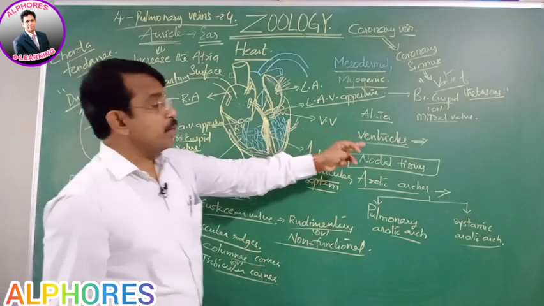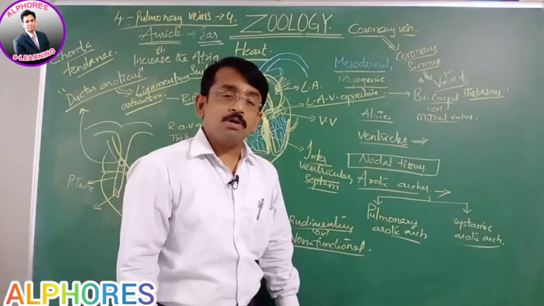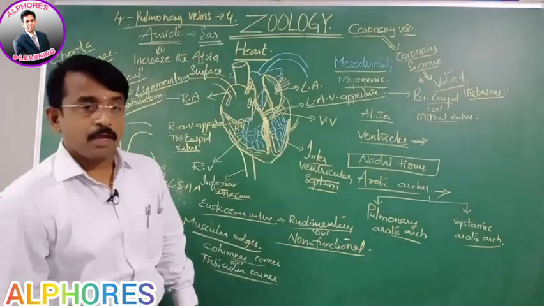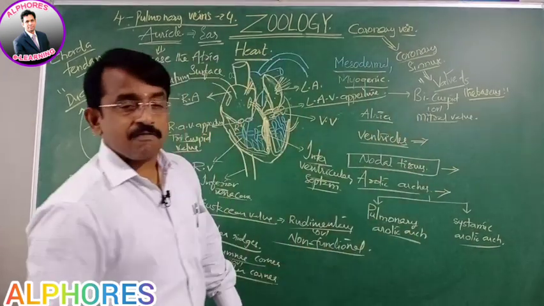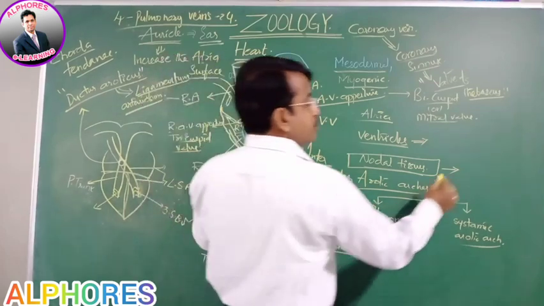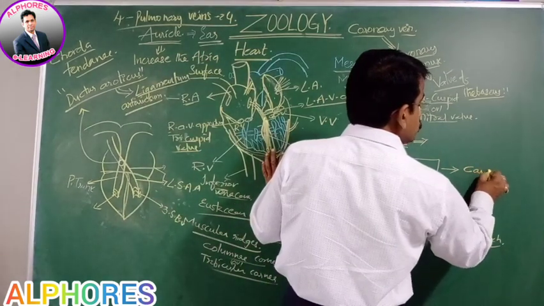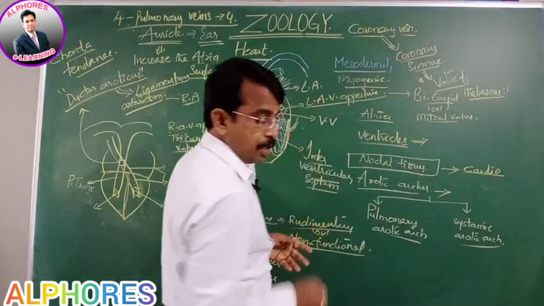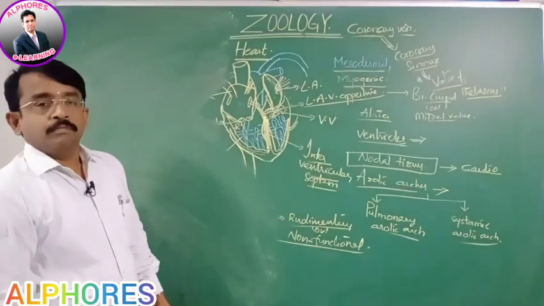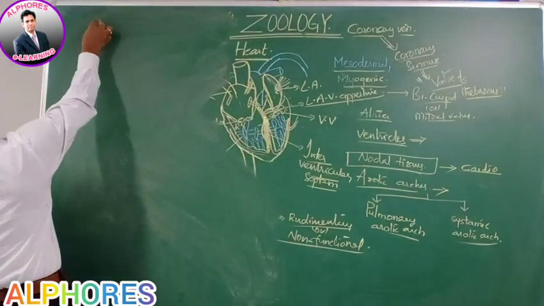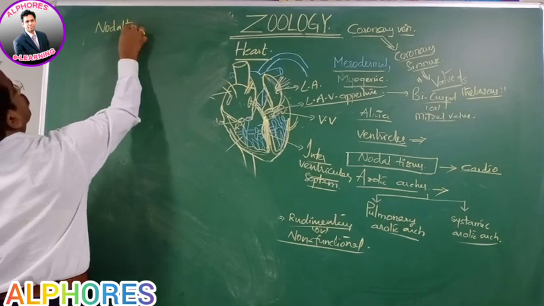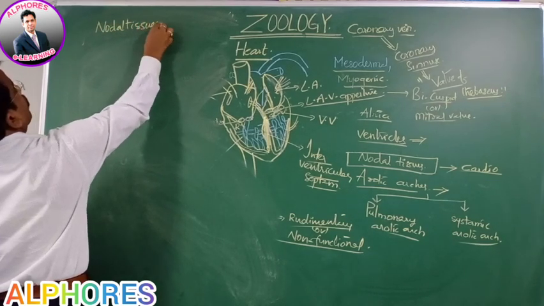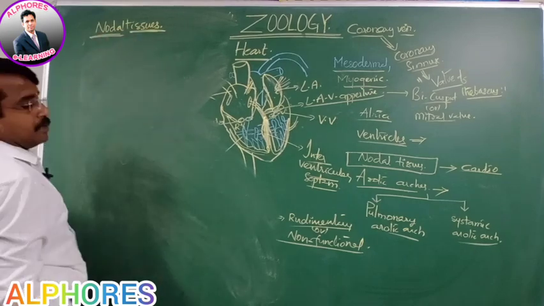Now let's move on to the nodal tissue. Nodal tissue means that the human heart has specialized cells named cardiomyocytes. The nodal tissues are part of the human heart.